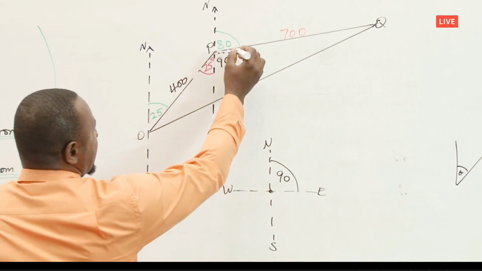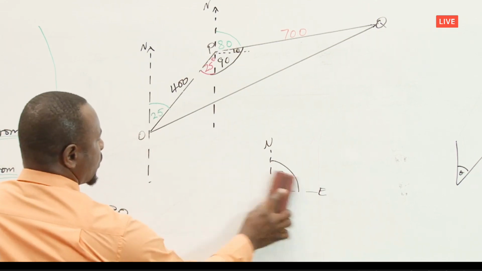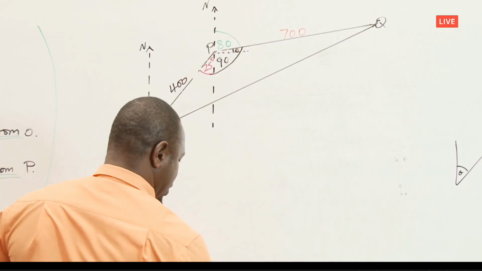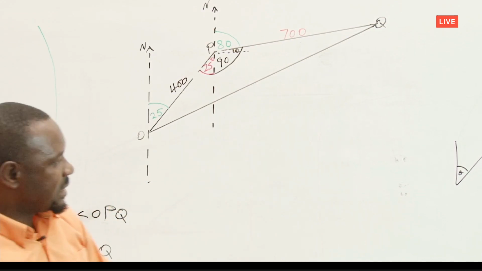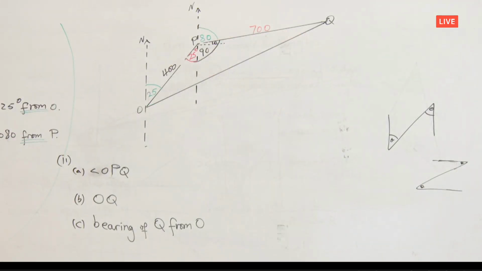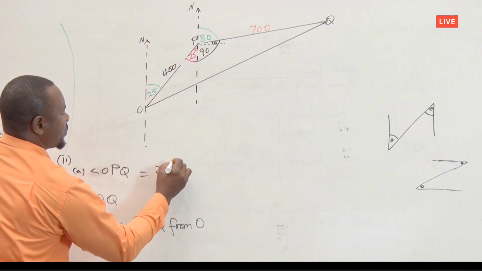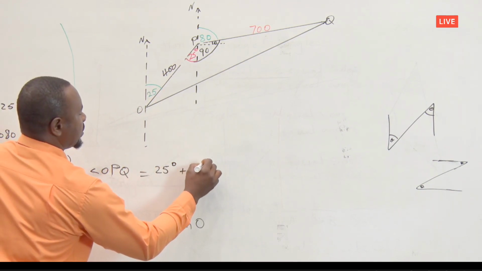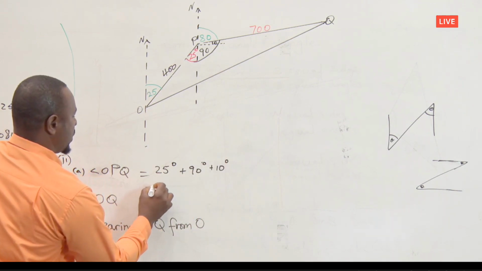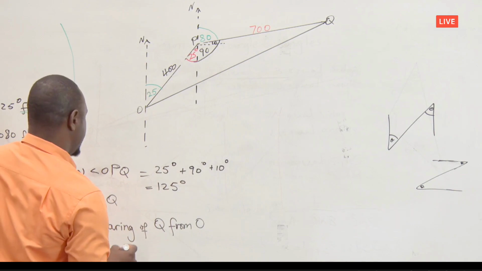Now, if you take all of this, it will give us now the angle for P. Everybody understands? That is one of the challenge that you need to go back and use these Z rules, the alternate angles, to find out which angles are equal. So if we take the sum of these, we have 25 plus 90 plus 10, which gives us a total of 125 degrees.